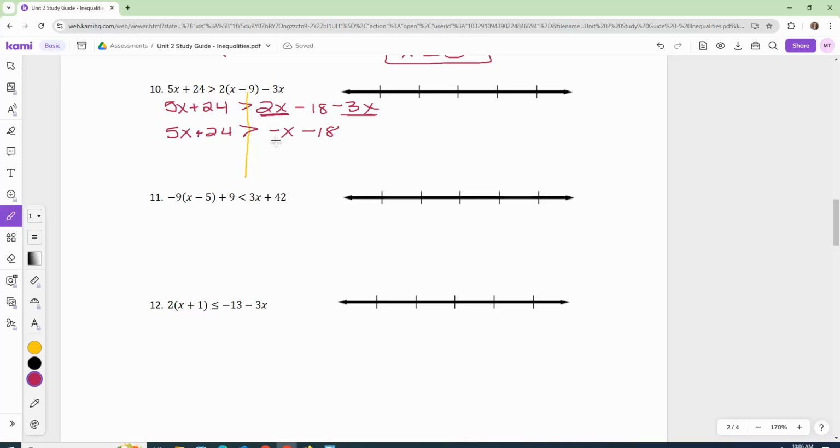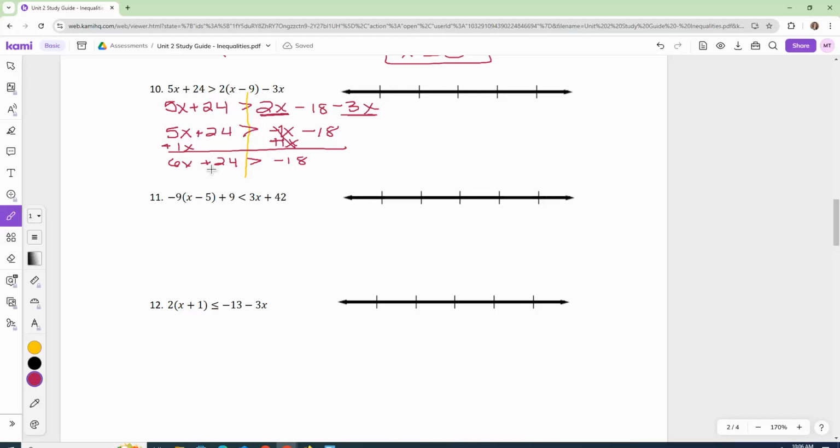Then, if I want to move this to the other side, what would I have to do, Blair? If I want to move my -x? Well, it's like a -1, so to move it over, we would have to... The opposite of subtracting is adding. So we add our 1x. So we get 6x plus 24 is greater than -18.